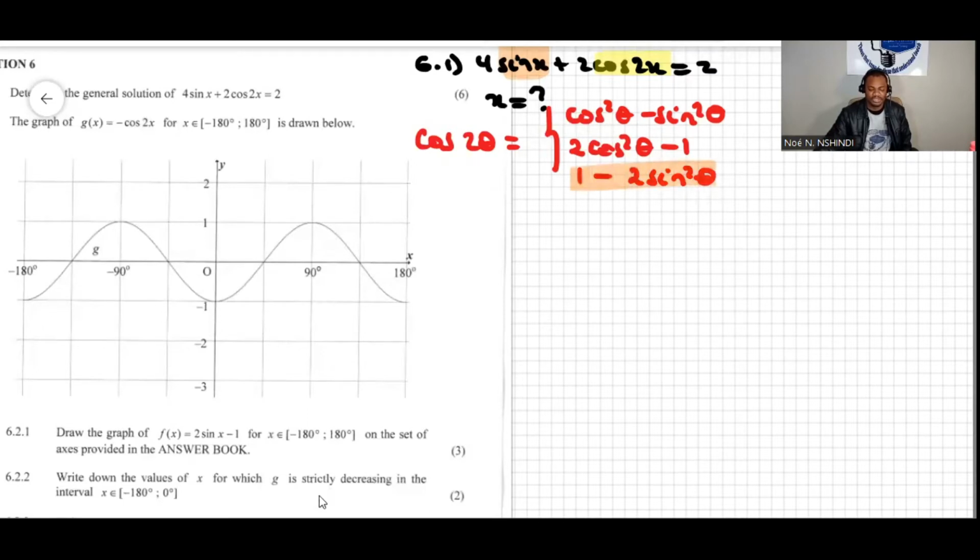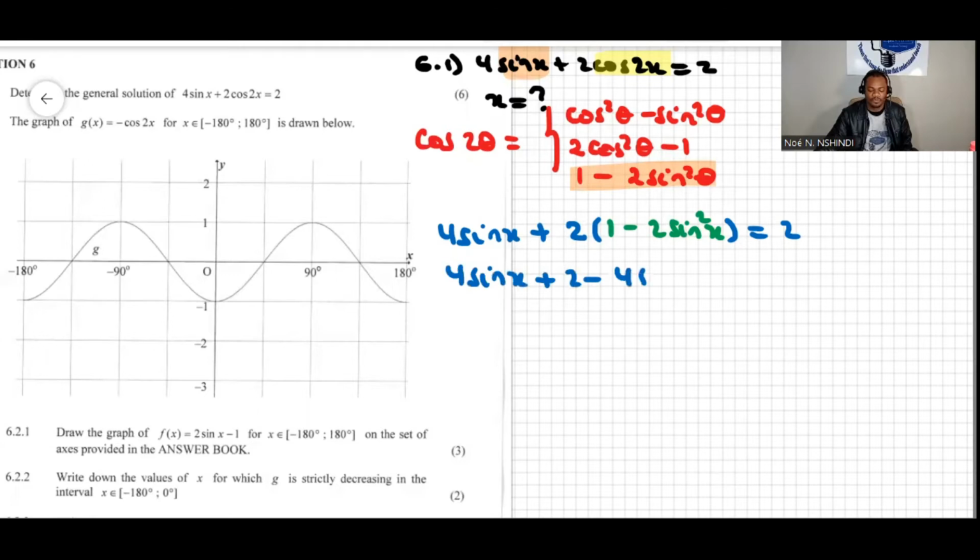So in this situation we can write 4 sin x plus 2 cos 2x equal to 2. Instead of writing cos 2x, I'll substitute 1 minus 2 sine squared x. So this will be 4 sine x plus 2 minus 4 sine squared x equal to 2.